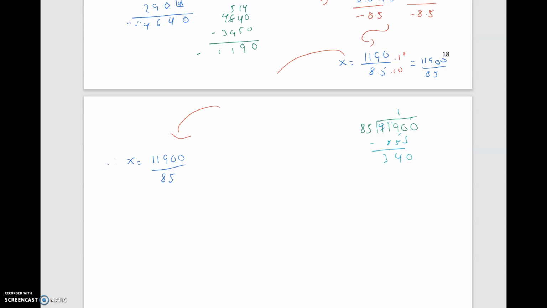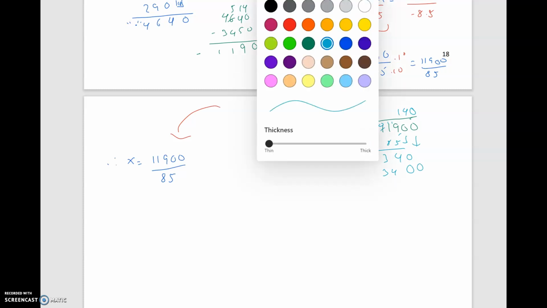So at this point, 8 times 4 is equal to 32. So it's going to fit around 4. 5 times 4 is equal to 20. We carry 2. 8 times 4 is equal to 32. And then the other 2 would be 34. Okay, so this is actually good news. It fits 140 times with a remainder of 0.